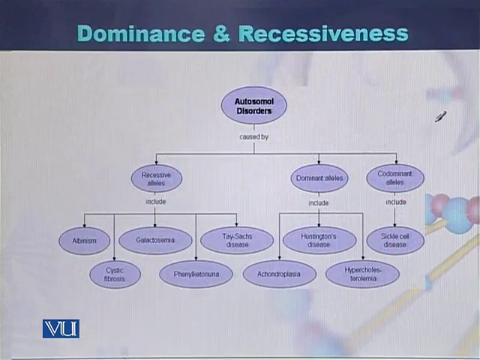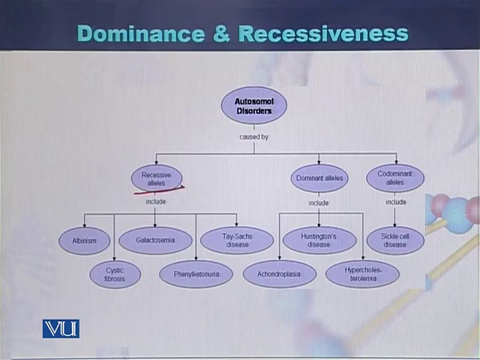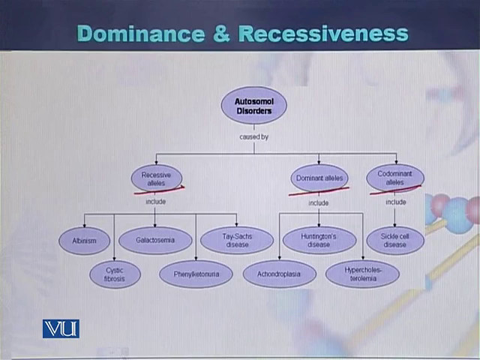Here we can see the types of autosomal disorders. Autosomal disorders can be due to recessive alleles, they can be due to dominant alleles, and they can be due to codominant alleles. So there are three different patterns of autosomal disorders. If they are due to recessive alleles, we call them autosomal recessive diseases.